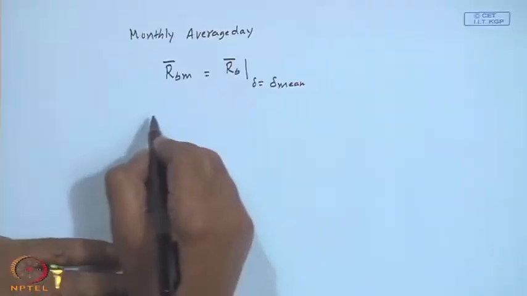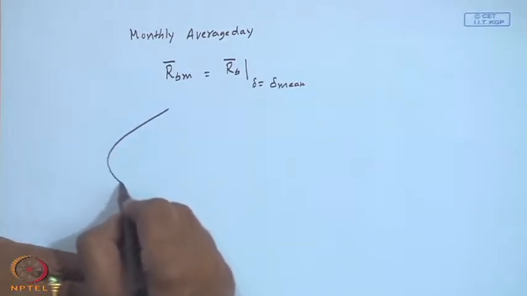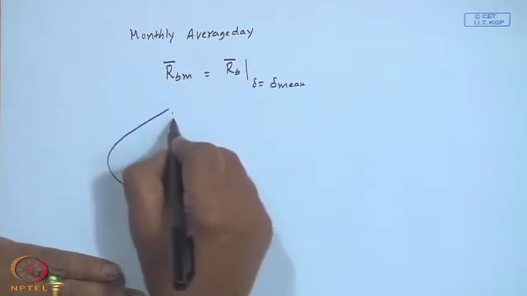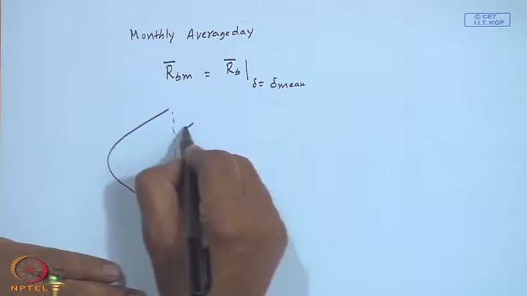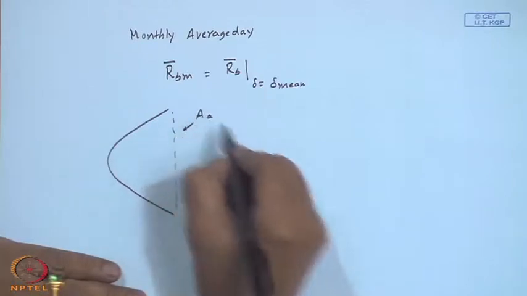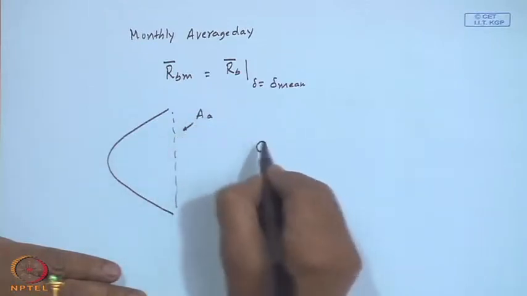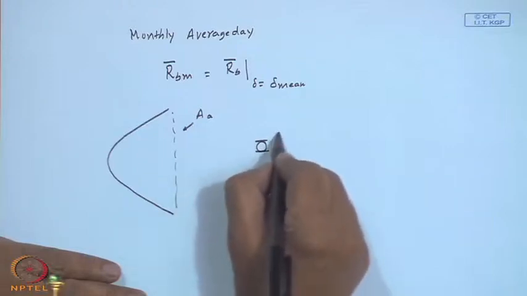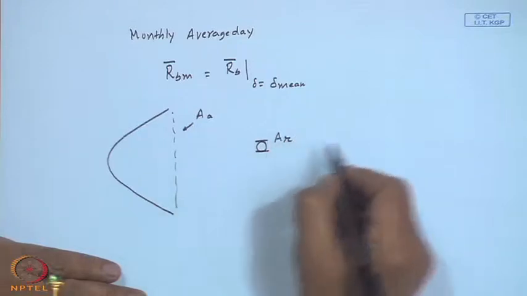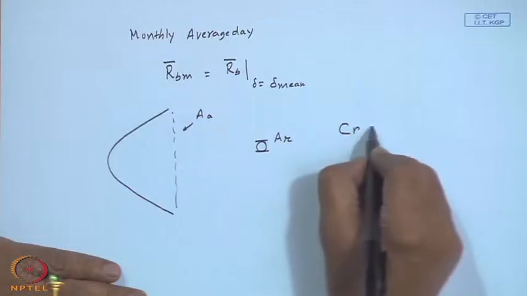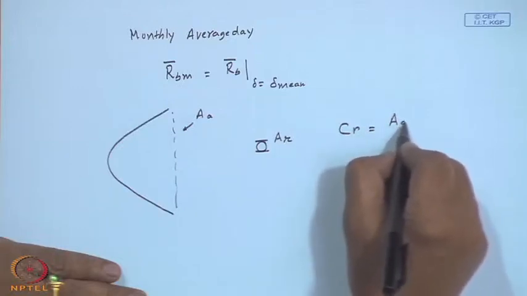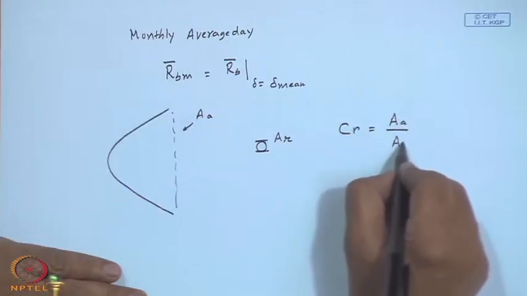under extraterrestrial conditions. Now, the question comes, we have a parabola with an aperture area A focused onto a receiver of projected area AR, and the geometric concentration ratio is defined as AA upon AR.